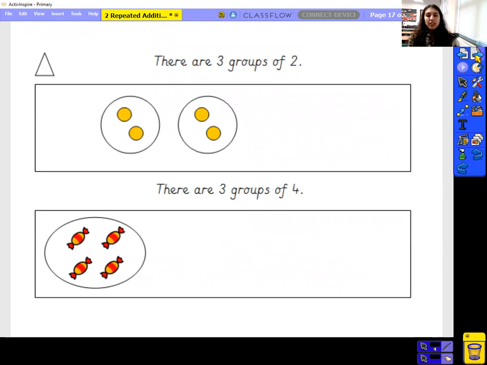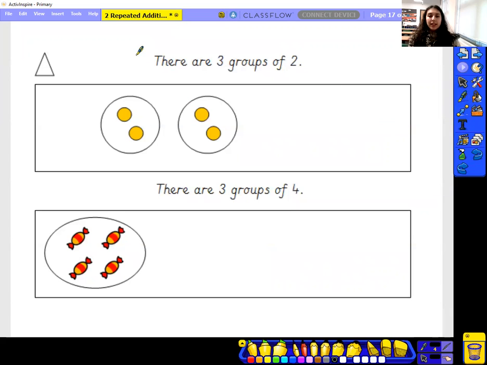The triangle sheet then, this time you've got to do some drawing yourself. So I have got here, there are 3 groups of 2, and I've already made a start here, but it's not finished. And then what I'd like you to do is I'd like you to also please write what that would be as a repeated addition. So I've got 3 groups of 2. So I've got 1 group of 2, 2 groups of 2.